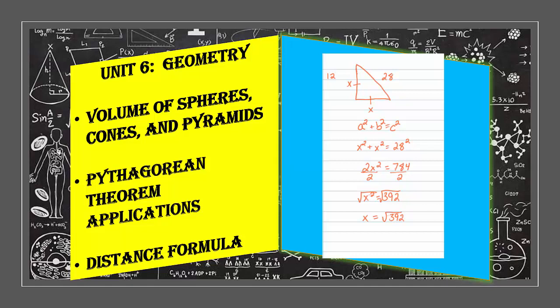Factors of 392, let's see, I can divide by 2, so square root of 2 and square root of 196. And so x will be equal to 14 root 2.